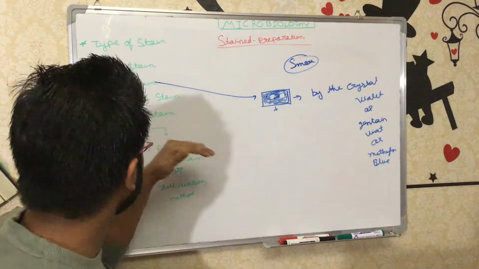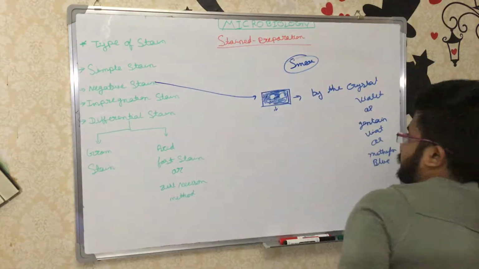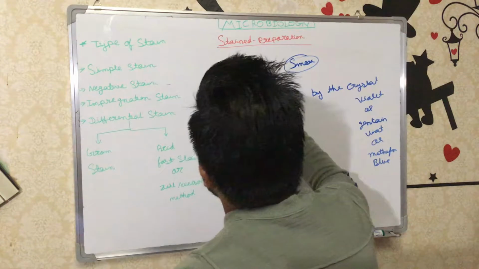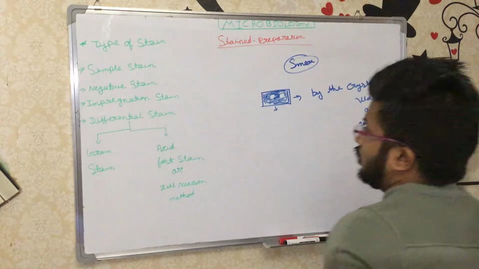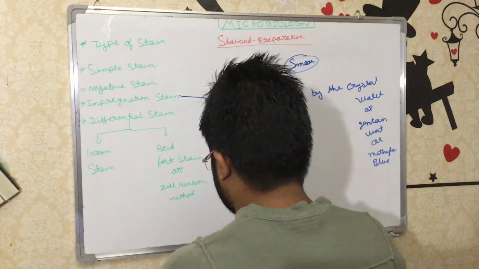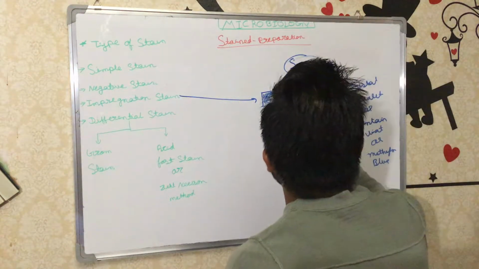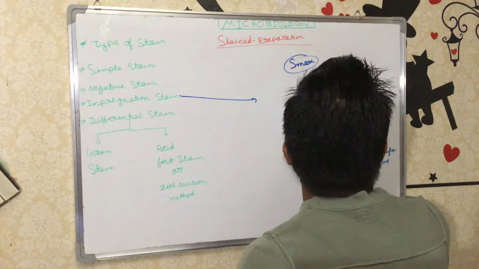Then we'll move to another method, that is the impregnation stain. Let's see this staining method. In this staining method, we do not use crystal violet, methylene blue or gentle violet.